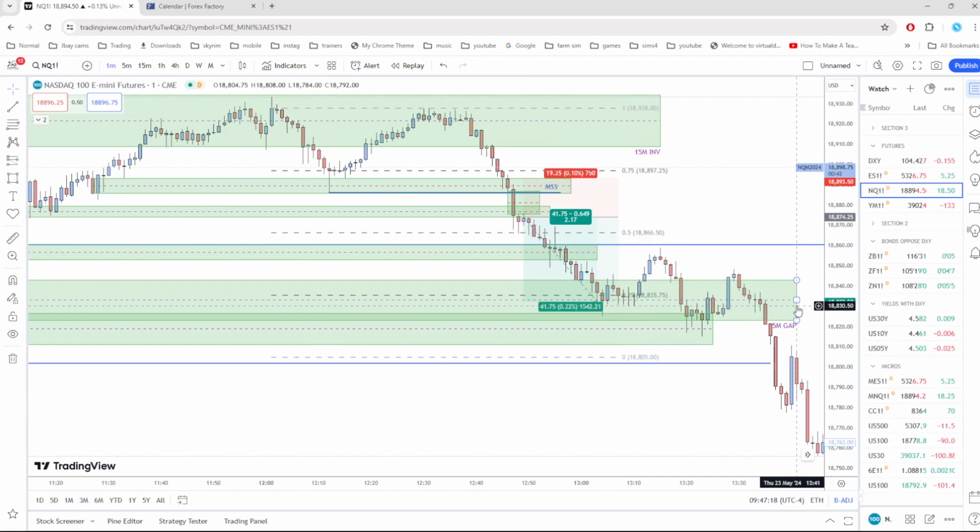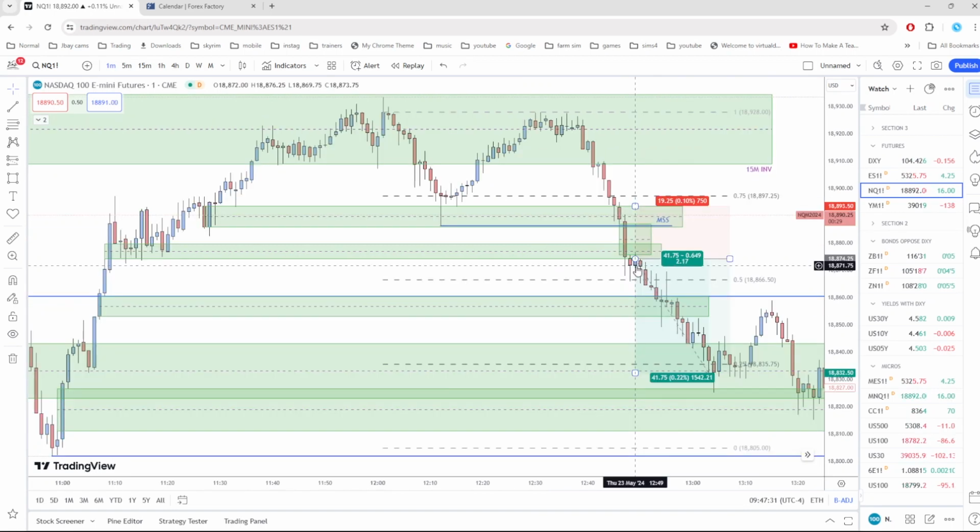If you didn't take anything there, this low coupled with this fair value gap, as well as the consequent encroachment of this 5-minute gap, that's a beautiful target. 22%, 10 handles with this macro, 1250, 110. That's a nice trade.